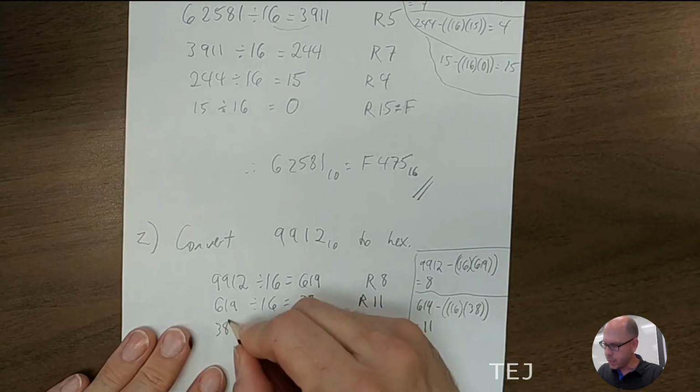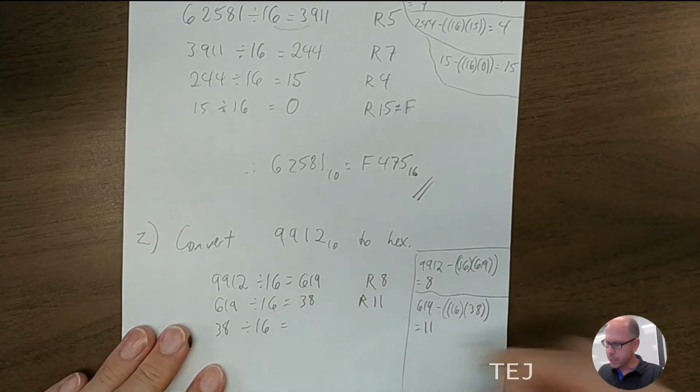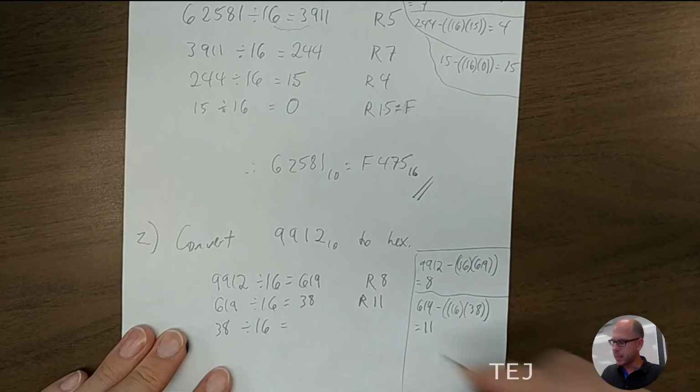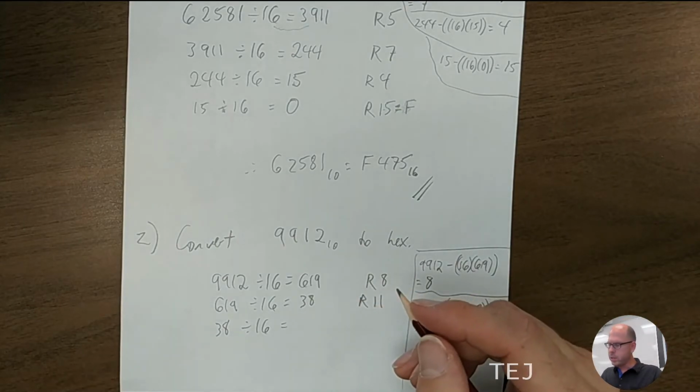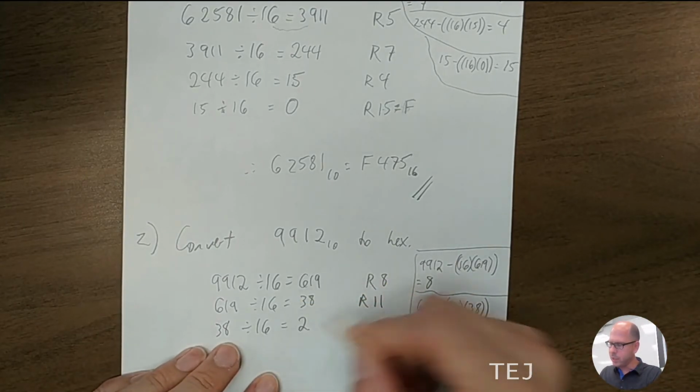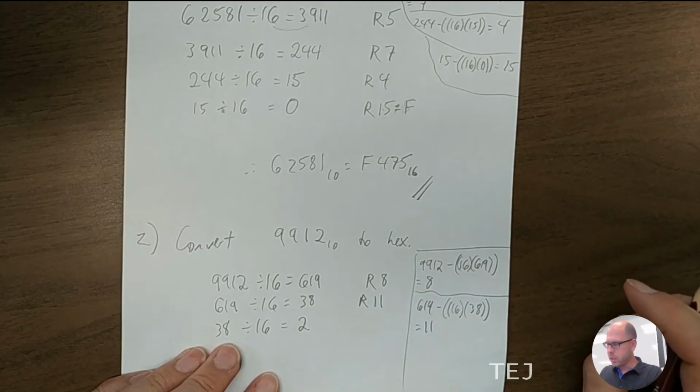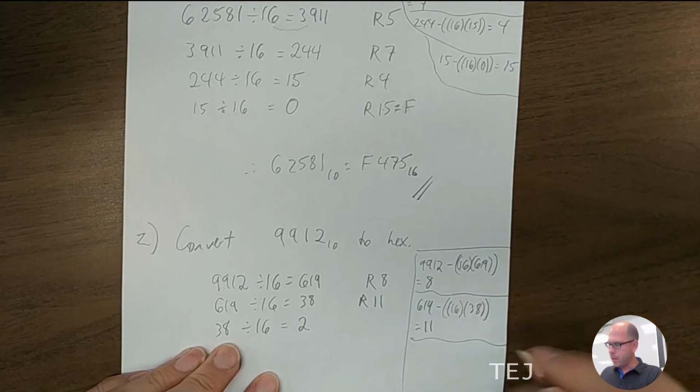Now we have 38 divided by 16. We're almost there. We are going to get a 4-digit number, it looks like, again. 16, 32. It looks like it divides in twice evenly. 3 times would be too much. So 2. And then how much do we have left over?